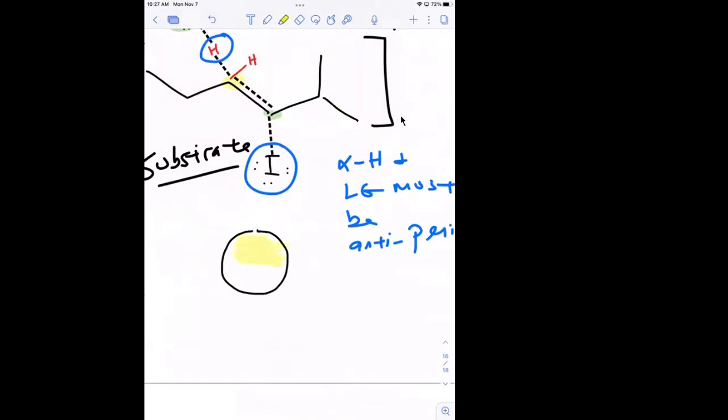This is the back carbon where the two hydrogens are going to be. We're going to put those, I'm going to keep them red too. One is going to be here. One here. And over here, you have another group. That's this group right here.